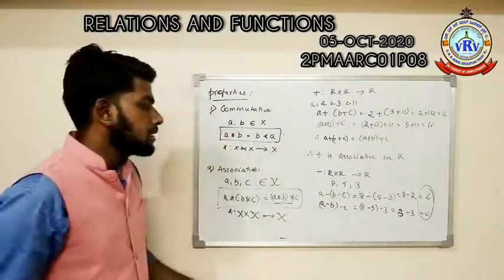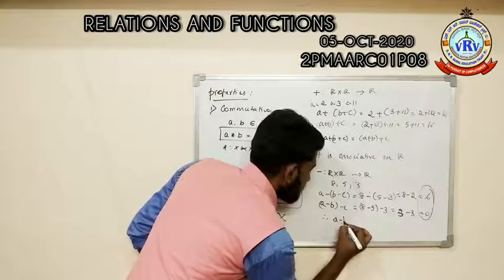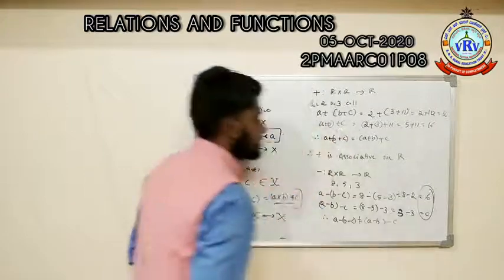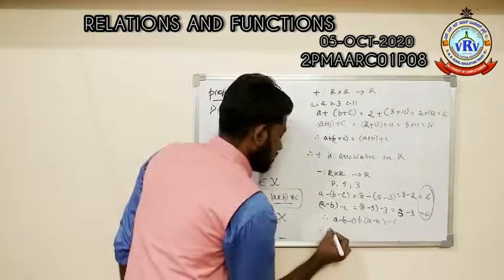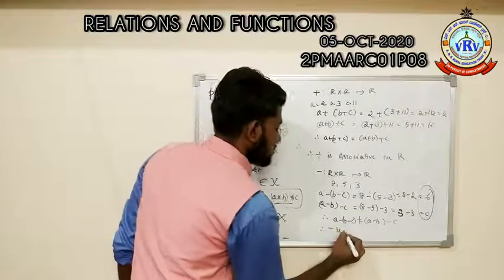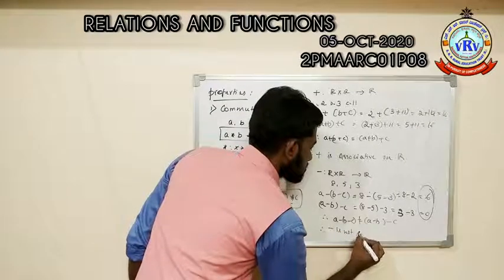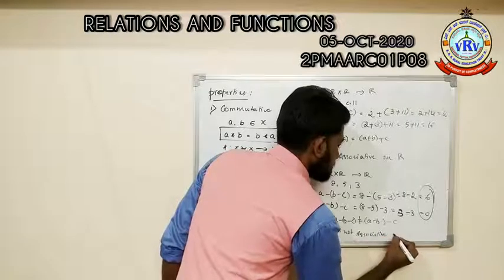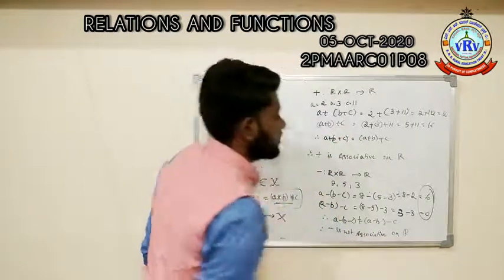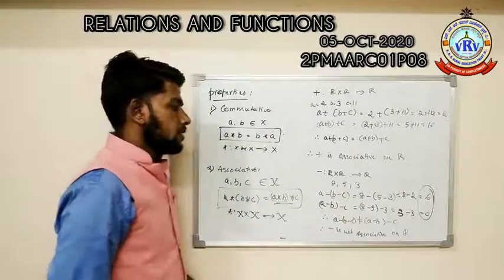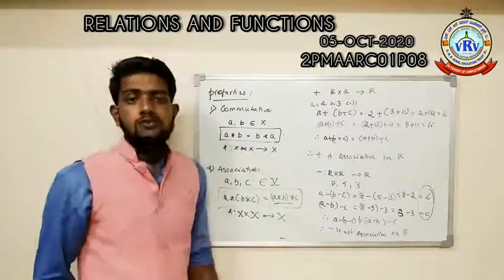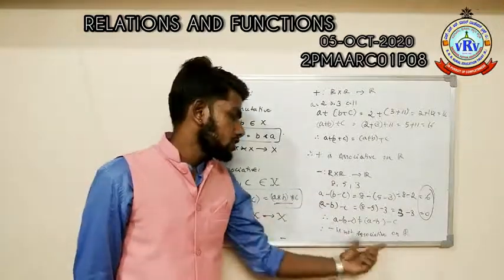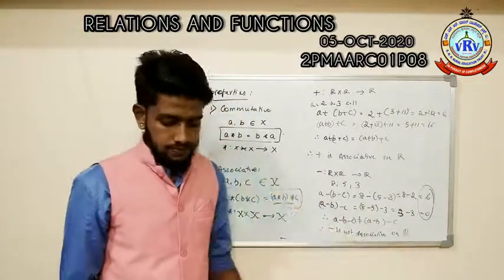Therefore, A minus (B minus C) is not equal to (A minus B) minus C. Therefore, subtraction is not associative on the set R. Same way you can verify for the division also. Division is also not associative on the set R.